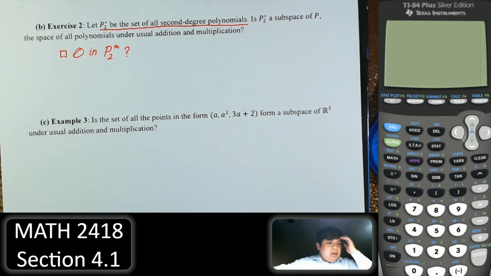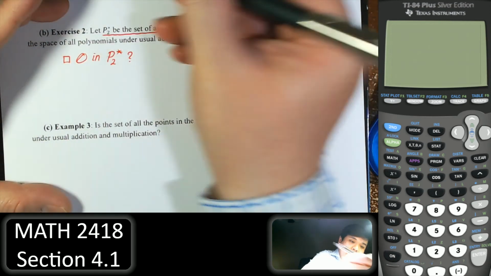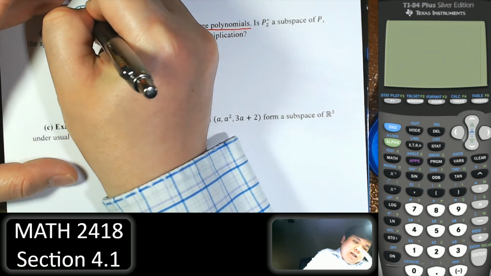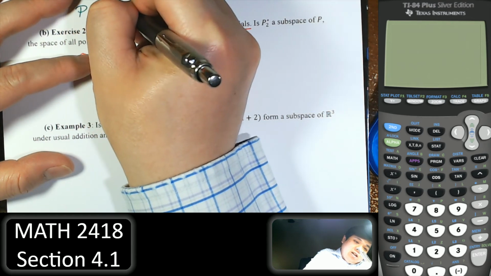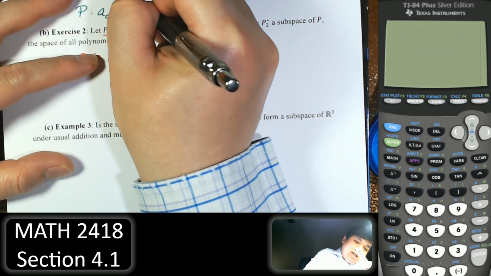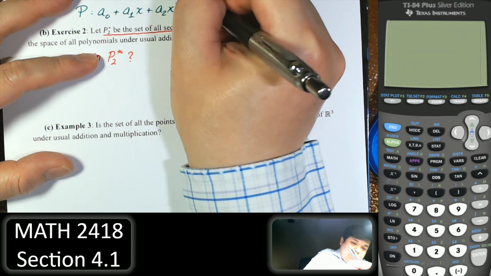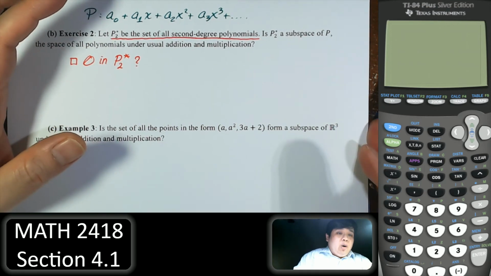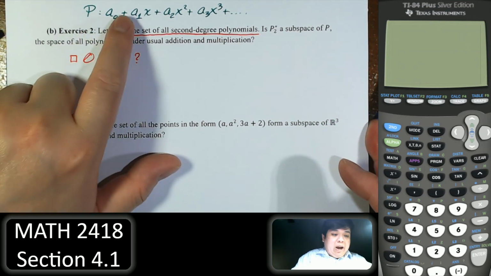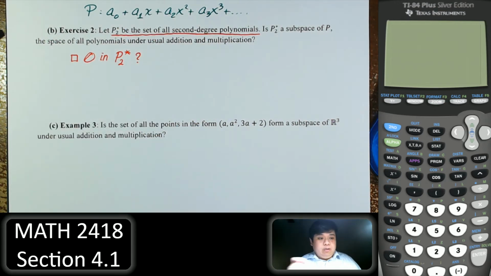Now think about this. A polynomial will be in the form of, let's see, I just write it in reverse, a0 plus a1x plus a2x squared plus a3x cubed, and so on. A 0 vector will have all the a1, a2, a3, all of that equal to 0, right?